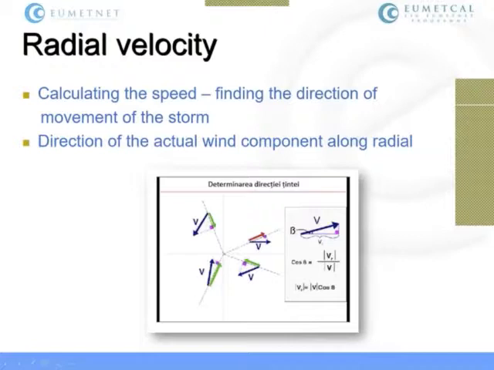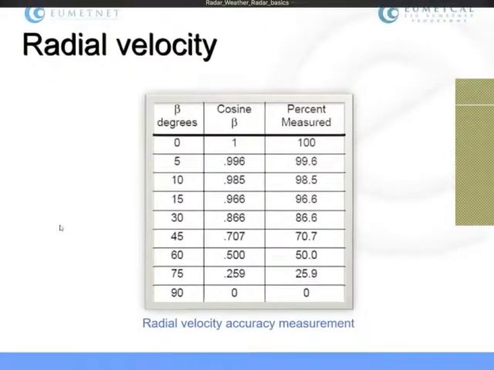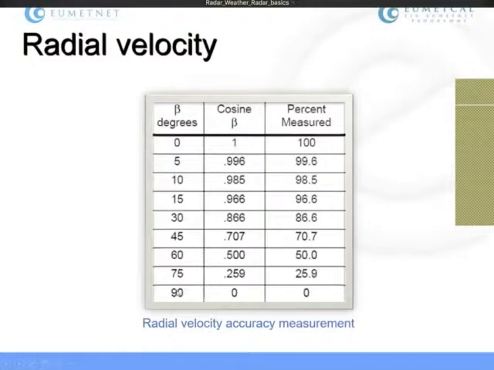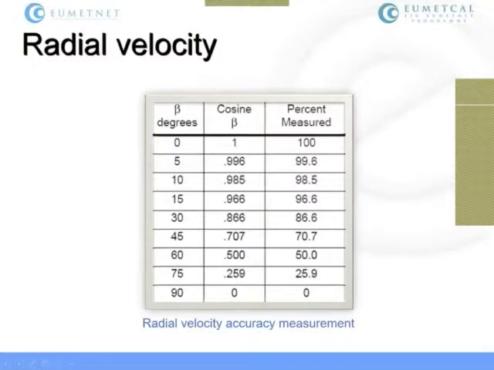So it is not always what you can see along a radial. It is not always very accurate. Why? Because it depends on the angle between the actual component and the azimuth. You have here the table where you can see that, for example, at 90 degrees, if a target is moving at 90 degrees related to a radial, the estimated speed is 0.